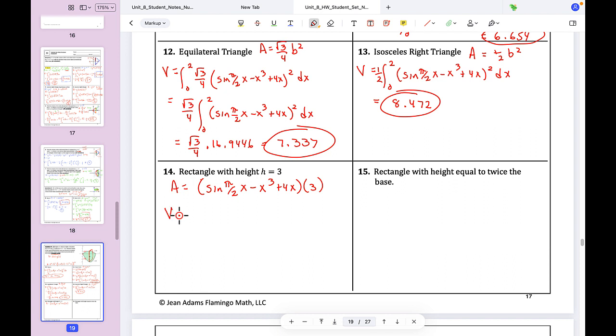Okay, so our volume is the integral from 0 to 2 of this. So I'm going to bring that 3 in front. And this will be sine pi over 2x minus x cubed plus 4x dx. And remember, we're using our calculator on this. This is a calculator section. So this comes out to 15.8197.